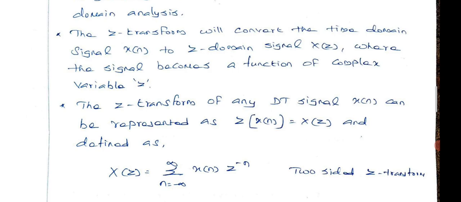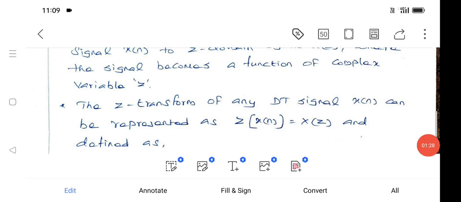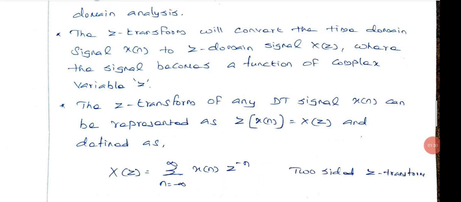The Z transform will convert the time domain signal x of n to Z domain signal x of z, where the signal becomes a function of complex variable z. So the Z transform of discrete time signal x of n can be represented as: Z transform of x of n is equal to x of z.